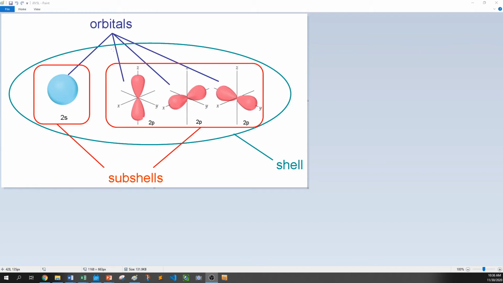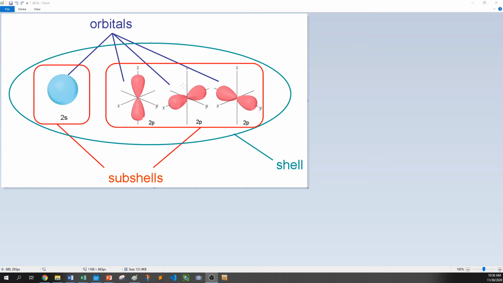So the orbitals are the individual orbitals. We have the z-axis 2p, the x-axis 2p, and the y-axis 2p.